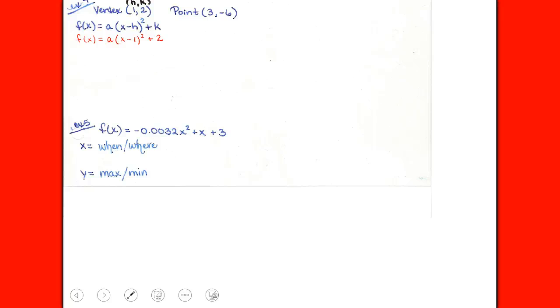The only other thing that I need then is my a value. How am I going to use that point 3, negative 6 they gave me to help me find my a value? Has to be some reason they gave it to me. How can I use that point 3, negative 6 to find my a value?